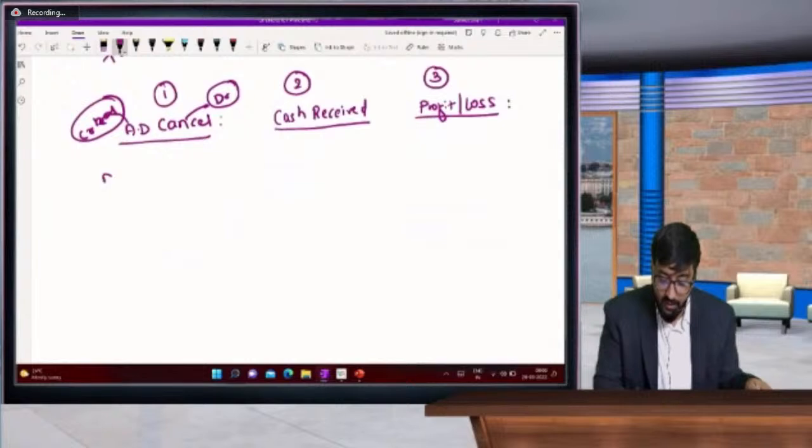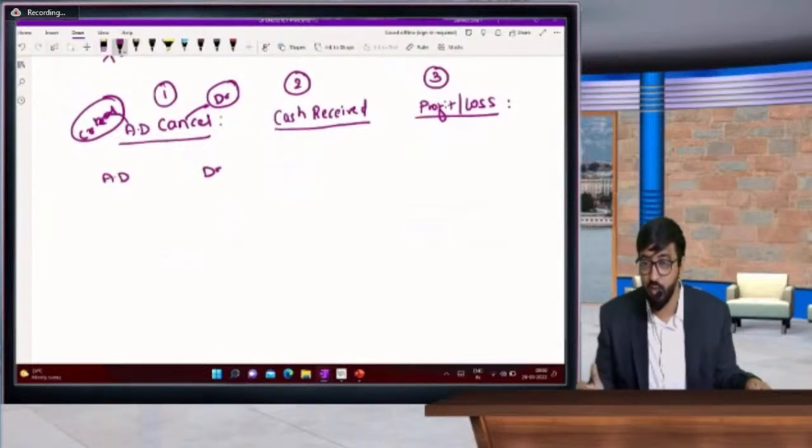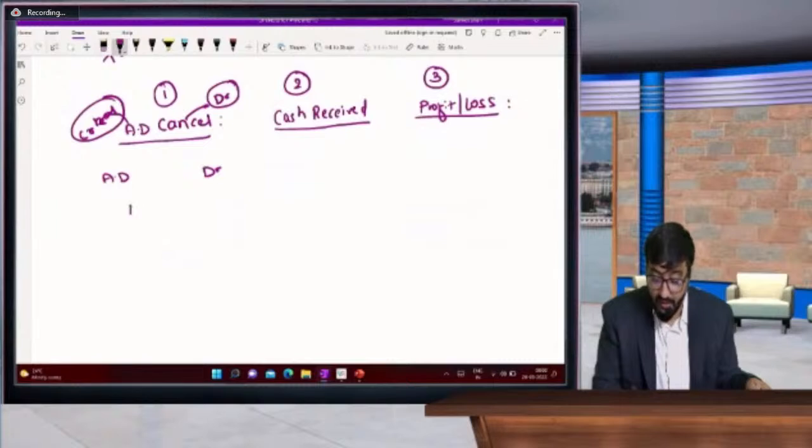Now, AD we have to cancel. This is a temporary account, AD, to show the asset at original cost. So ultimately, I'm now giving credit. Whenever I'm selling an asset, AD cancel means here it is AD to plant. So what is the entry? AD to plant. The balance in AD is 8,000 for this respective asset.